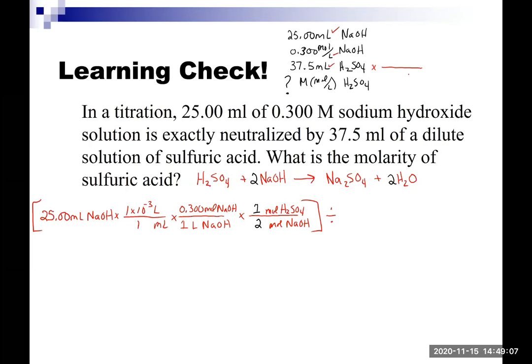So we need to get rid of the mL and get to liters. So in our dimensional analysis setup, we get 0.0375 liters of H2SO4.